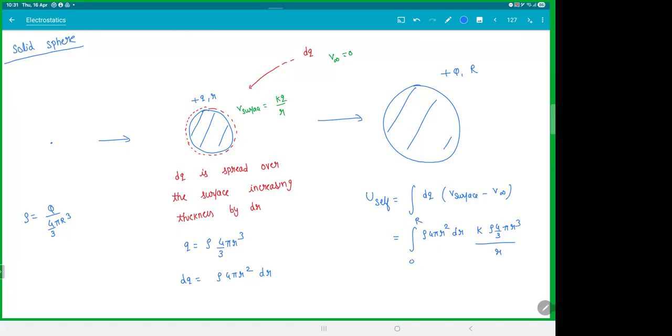And when you solve this and substitute q, I remember the answer, I'll write it down. The self-energy U should be 3kq square by 5r. You have to substitute rho back in terms of q. That's your self-energy for a solid sphere. Right?